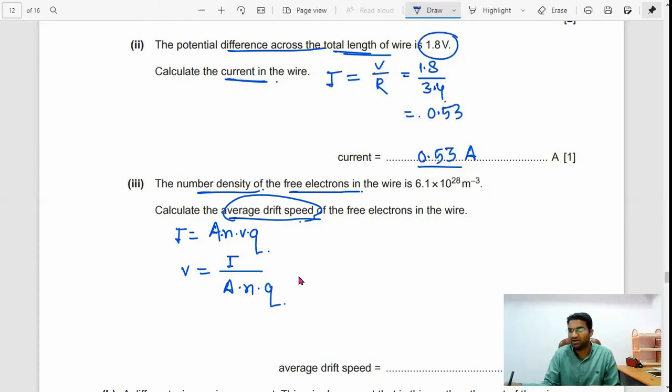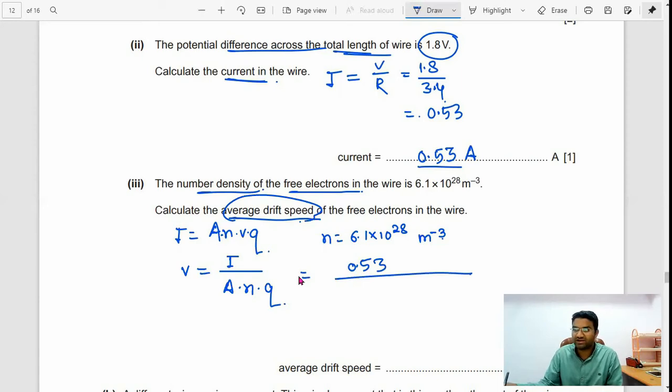So everything is given here. The number density, we have n equal to 6.1 times 10 raised to 28 meter raised to negative 3. Then q is also known, right? Then we know the current as well, I is 0.53. So just put in all the values: 0.53, and A is the cross-sectional area, 4.5 times 10 raised to negative 7, which we got earlier in the first part.